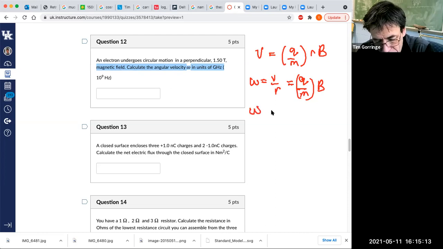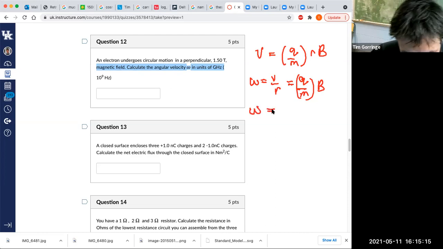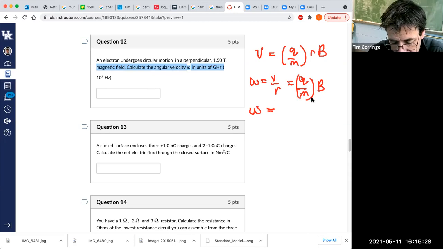Now, we know the B field. We know the particle's an electron, so we know its charge and know its mass. And so all I've got to do is fill in those quantities.